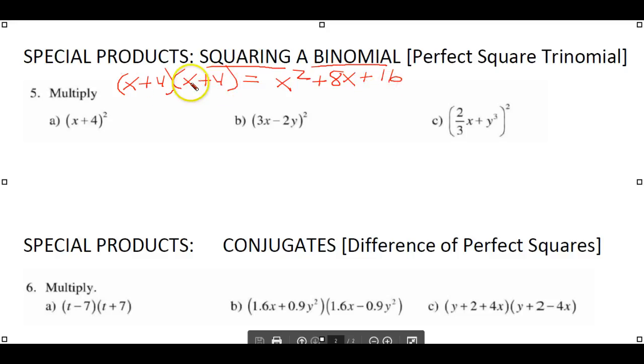Now when we do this, in a sense squaring a binomial, we end up with a trinomial that is called a perfect square trinomial. Now if you recognize that that's a perfect square trinomial, it will factor into a binomial square, which is going to be very useful later in this class.